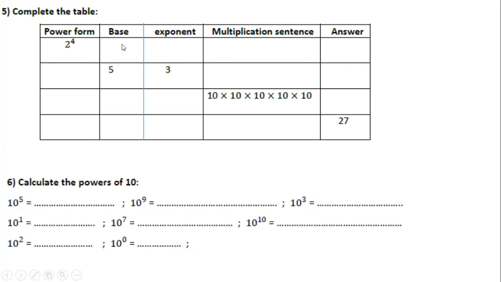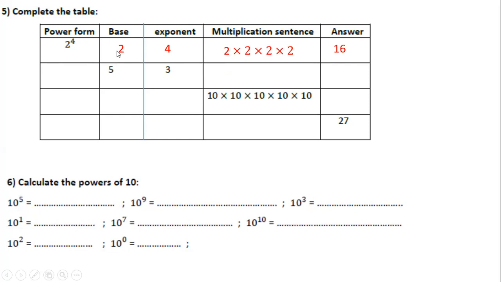What's the base? 2. Exponent? 4. Write it as a multiplication sentence, please. 2 times 2 times 2 times 2. The answer is? The answer is 16. 16. Thank you.